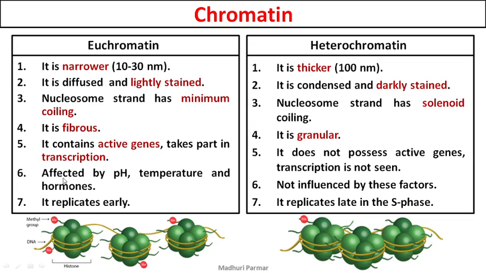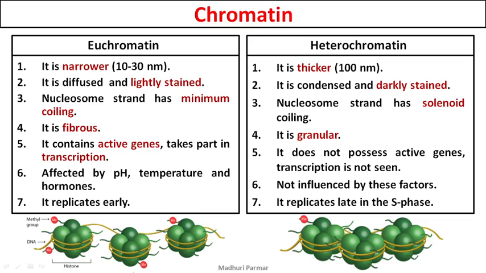Euchromatin is affected by pH, temperature and hormones, while heterochromatin is not influenced by any of these factors. During cell division, euchromatin replicates early, while heterochromatin gets replicated late in the synthesis phase, S phase of the cell division.